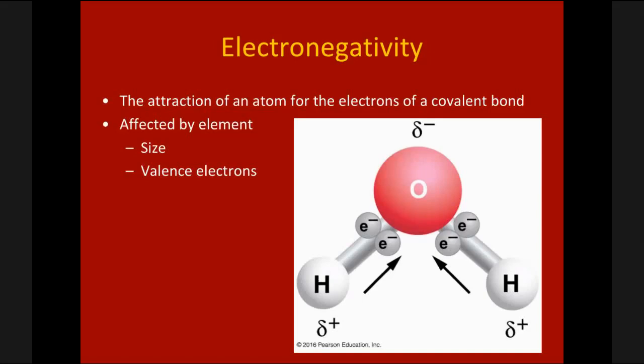So in a covalent bond, with the more electronegative element, the electron is going to be spending more time there. I'm not going to get too much into the whys of electronegativity. I just want you to understand the basic concept. And I want you to remember that oxygen is very electronegative. It's an electron hog. And so what happens, right?